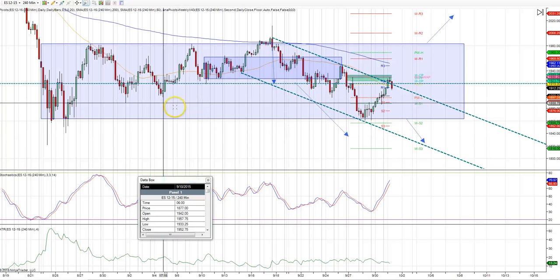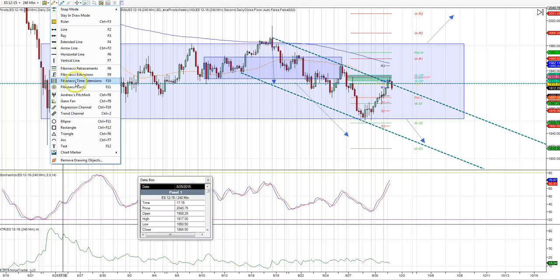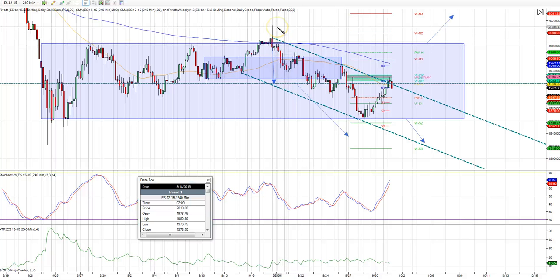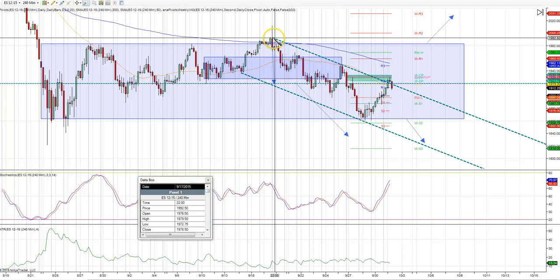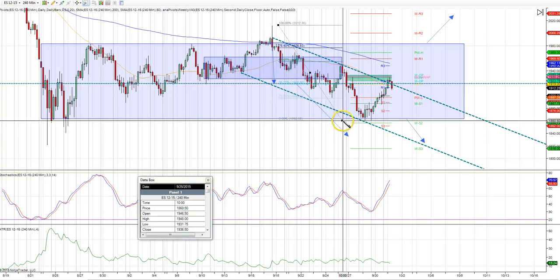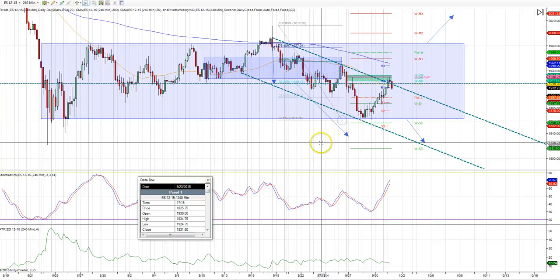We can also use the Fibonacci to try to get some levels. Fibonacci retracement. We can use here, we can use the high or the wick to here.